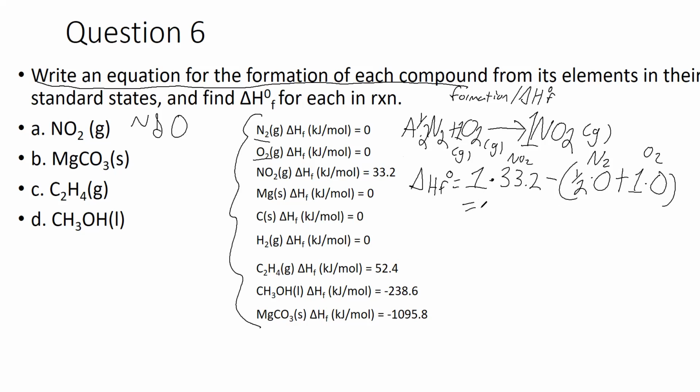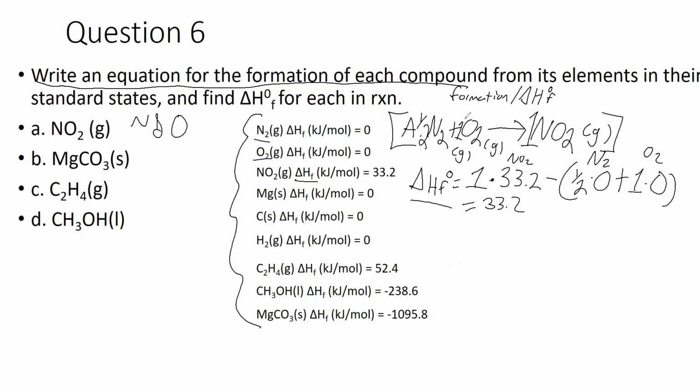So the delta H of formation for NO2 is actually 33.2, which is what it says here in the table. But I want people to get practice with writing out the chemical equation, then get practice using the mathematical equation. So that's what we're going to start with here.